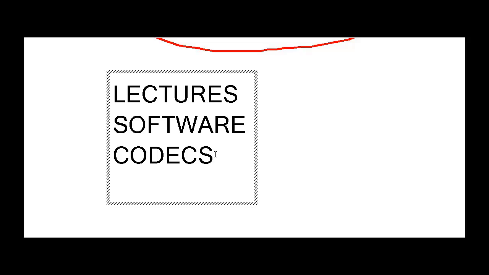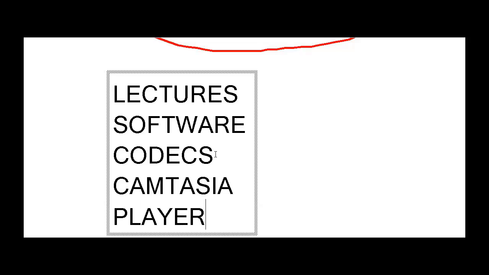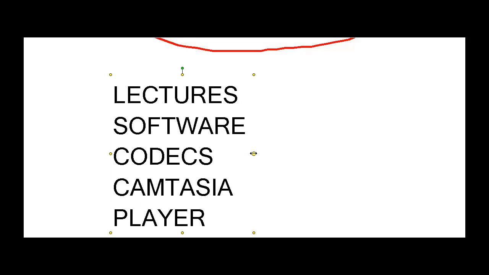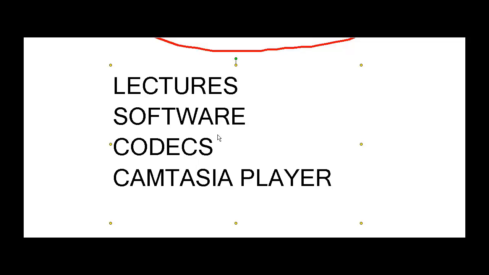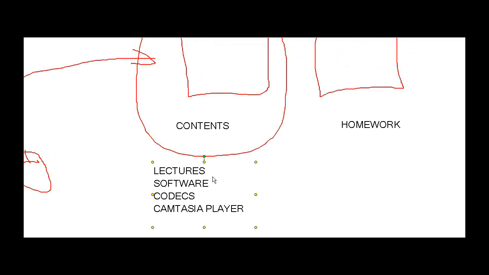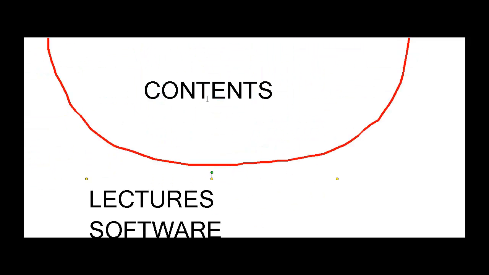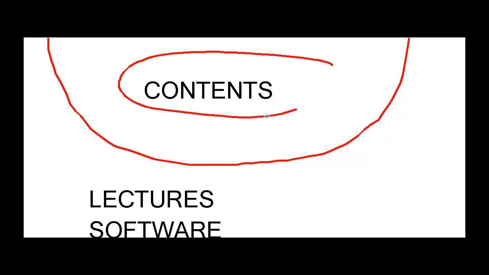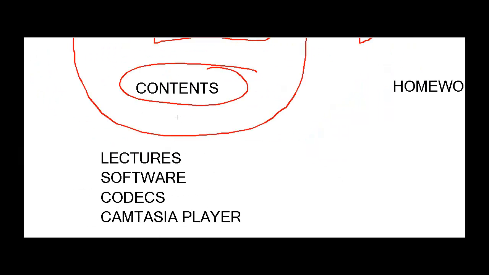And you get the Camtasia player. This is something you can use in the event that your typical video player can't play the videos. This is your backup, so it's available too. All this information is provided within the contents folder. That's where you're going to go to get that type of thing.